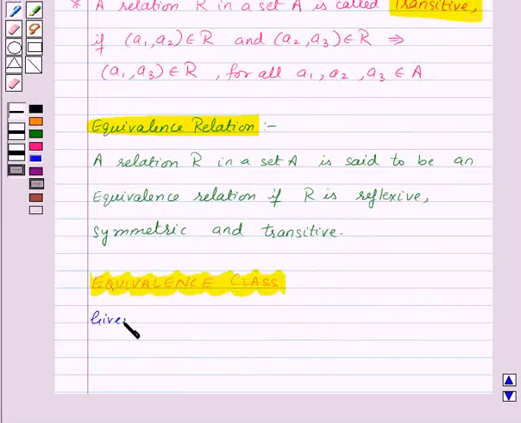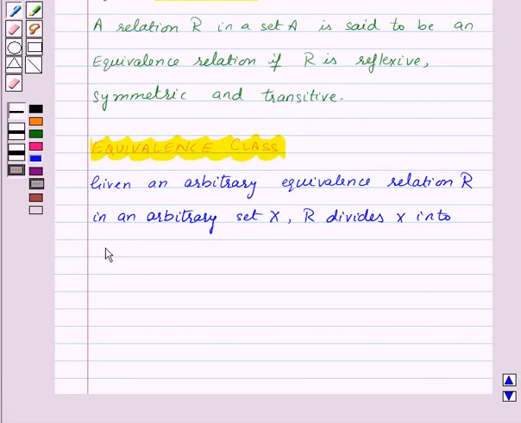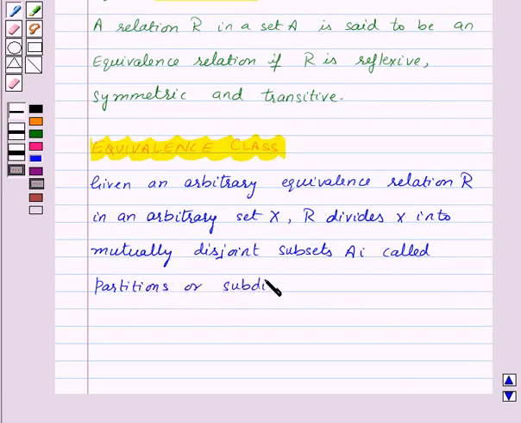Given an arbitrary equivalence relation R in an arbitrary set X, R divides X into mutually disjoint subsets Ai, called partitions or subdivisions of X, satisfying the following conditions.